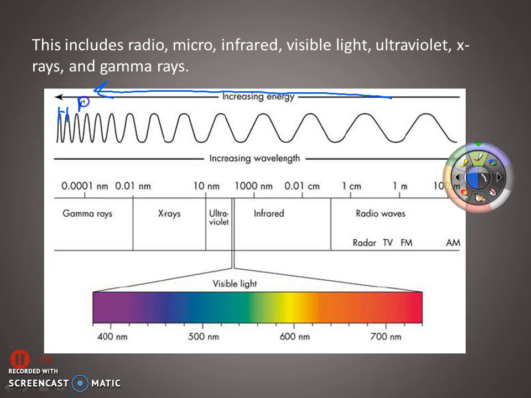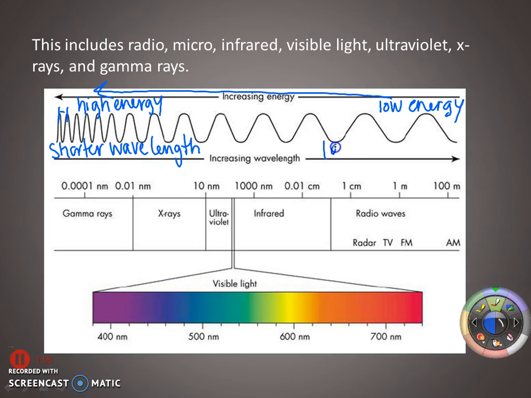So high energy is a shorter wavelength. And at the other end, where we have lower energy, we have longer wavelengths.